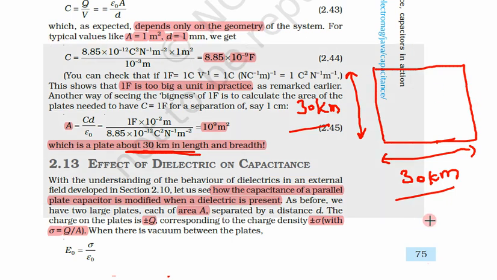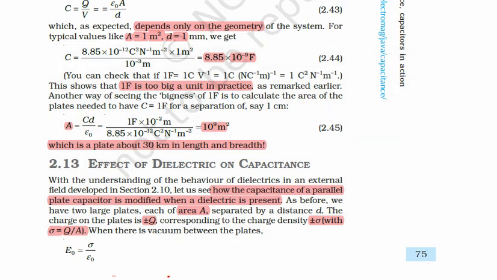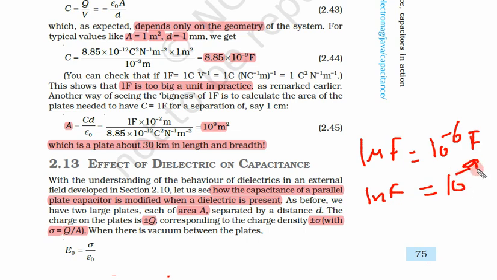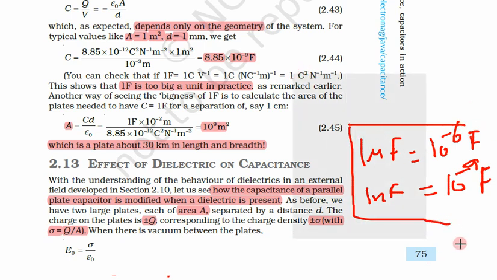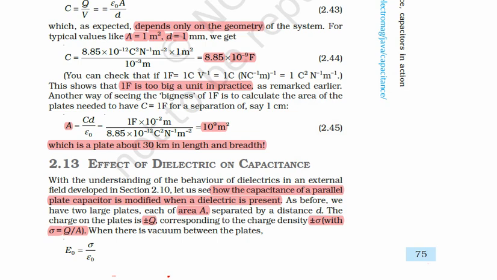What we use is microfarad, which is 10 to the power minus 6 farad, or nanofarad, which is 10 to the power minus 9 farad. We never use farad. For solving, we use this farad term with appropriate power like minus 6 or minus 9, but in real life this microfarad or nanofarad capacity is far more useful.